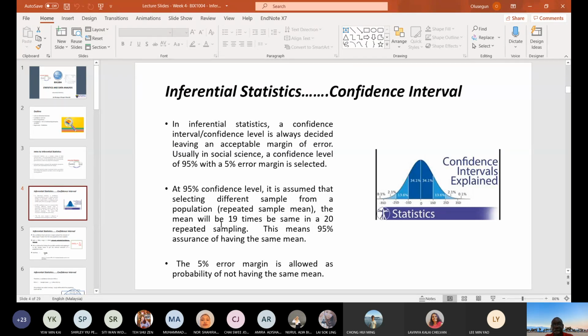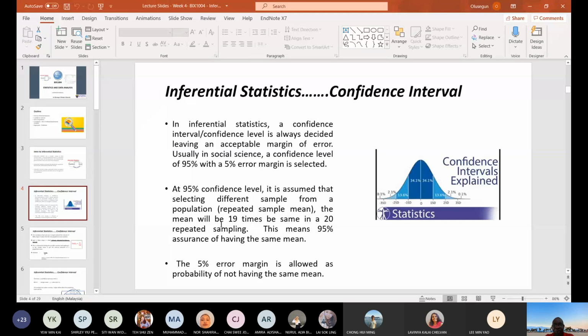But in medical research, most of the time the error margin level is 0.1%. That means 1 in 1,000 times wrong. If you have done something 1,000 times, you can only be wrong 1 time because of the precision of medical sciences.